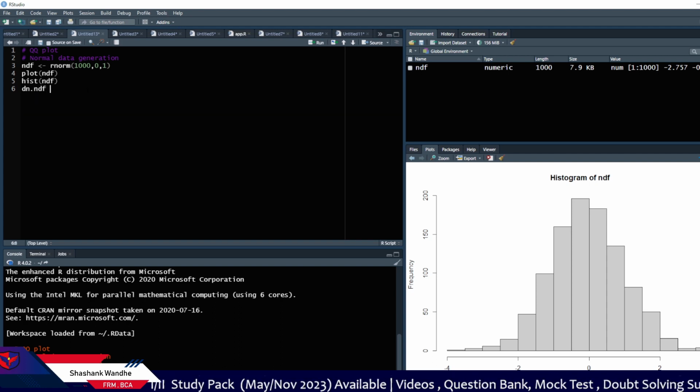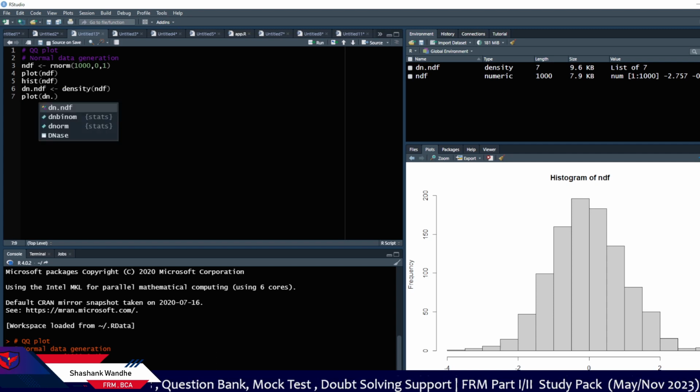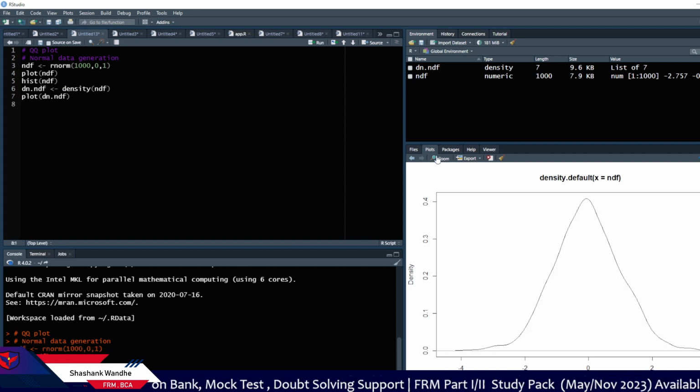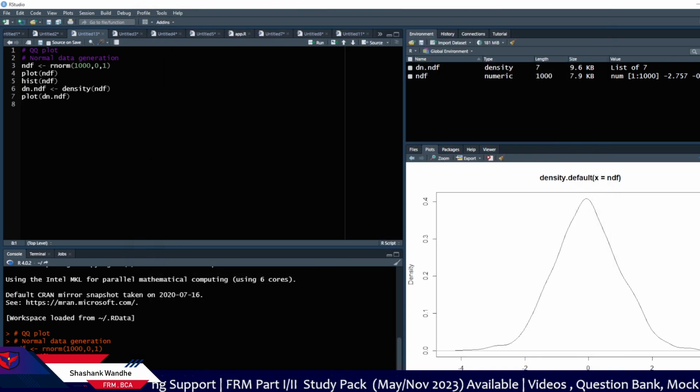We use ndf again and create the density from ndf, then plot it. See here, not perfectly normally distributed, but still we can say this is normally distributed. Good enough, I would consider this as normally distributed.